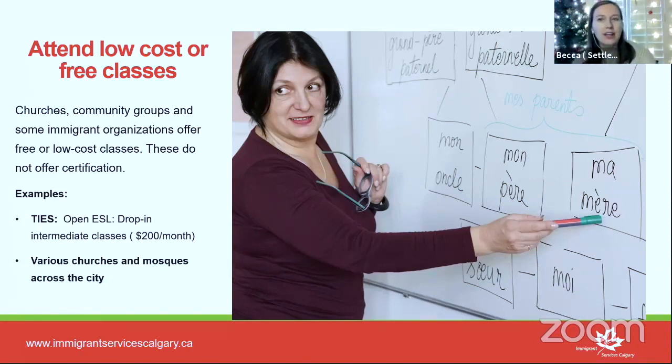ESL classes from colleges are quite expensive, sometimes in the thousands of dollars for a month. So this is actually quite low cost. They used to have different levels, but on their website when I looked today, this is the price they had. And then there are various churches and mosques across the city that offer English classes.